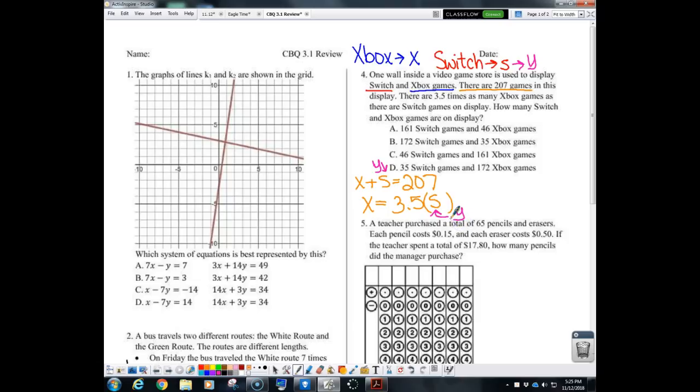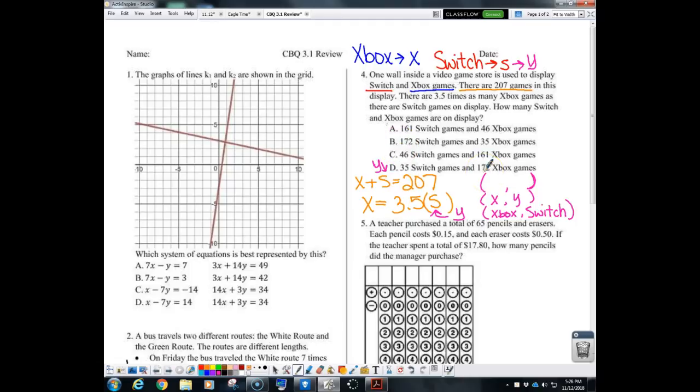Okay, and so once you get your solution after you plug this into Desmos, this is X, this is Y, this is your Xbox, and this is the amount of Switch games, right? So once you get your solution, you can go through these answer choices and see which one's which.